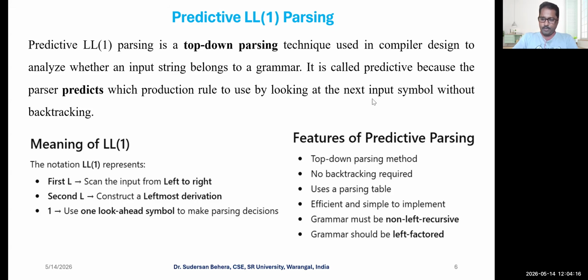Rather, before starting the parsing process, it selects the right production. That means it predicts which production will be useful at what time. It does that by looking at the next input symbol, and it does not have any backtracking.